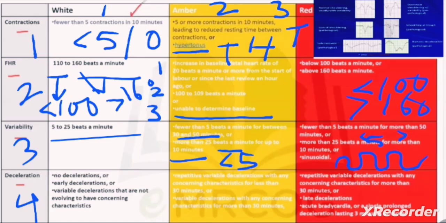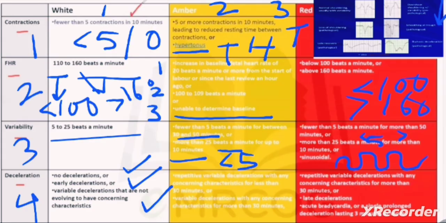Now coming towards the deceleration part, if there is no deceleration, or early deceleration, or variable deceleration with no evolving or concerning features. Evolving or concerning features are mentioned in this blue box in the top right corner.